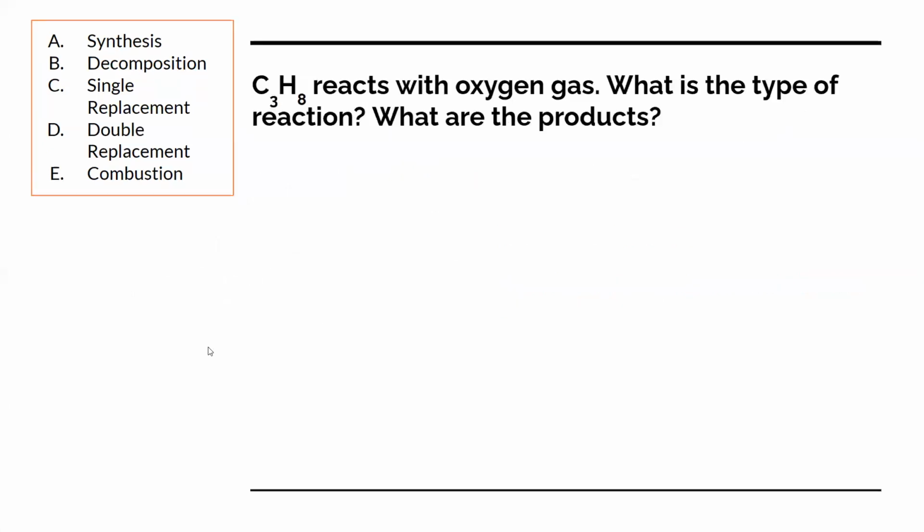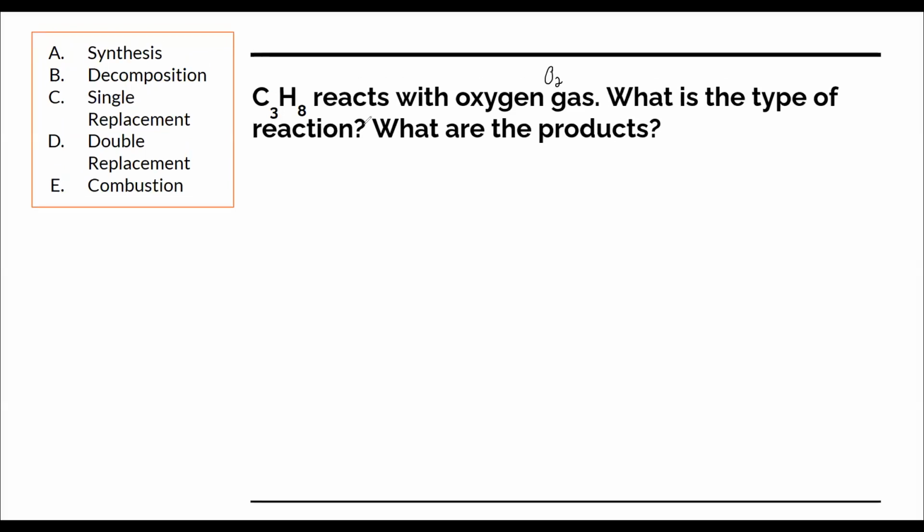All right, C3H8 reacts with oxygen gas, Brinkelhoff, there's 2 of them. What is the type of reaction? C3H8 and O2 is going to fit a standard format. While it looks like it could be single replacement or combustion, you always go with the one that is the most specific.